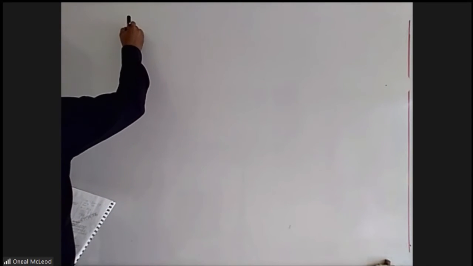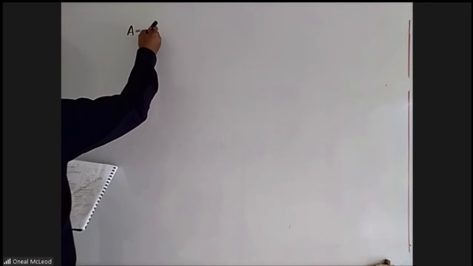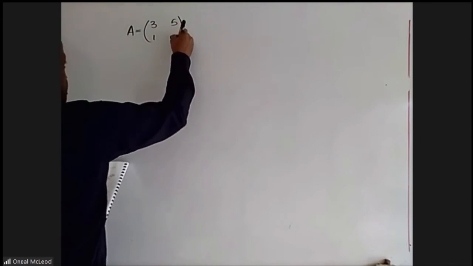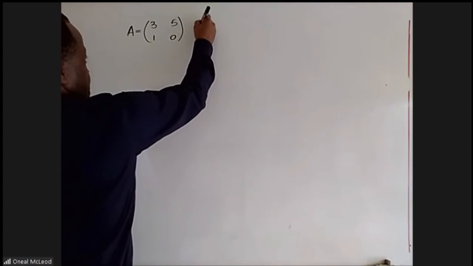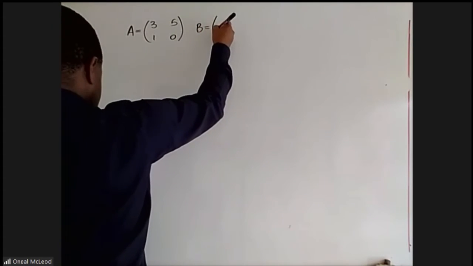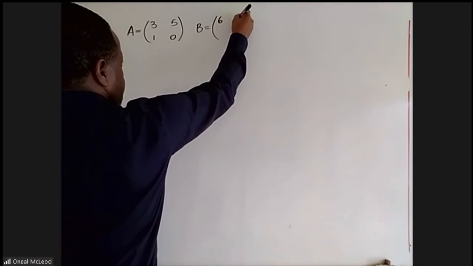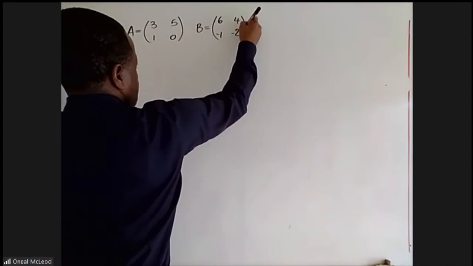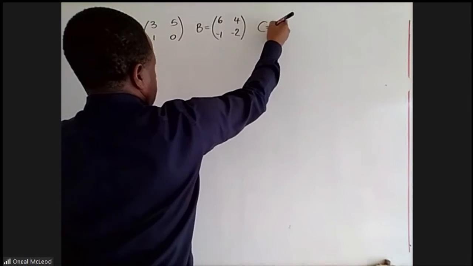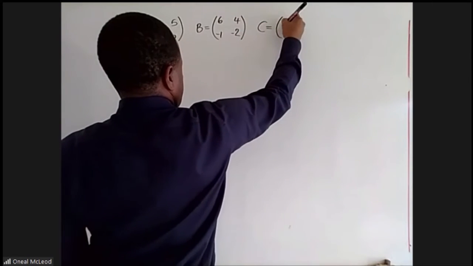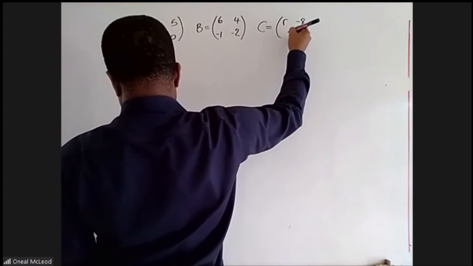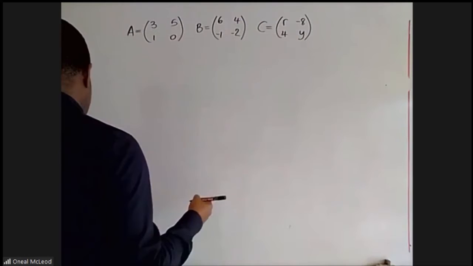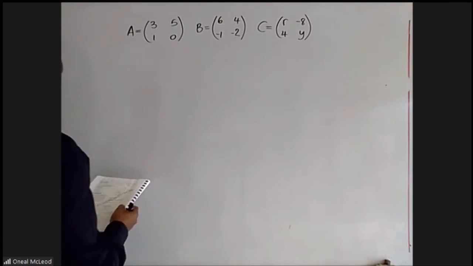We start out with the matrix A, and the matrix A is equal to 3, 5, 1, and 0. The matrix B is equal to 6, 4, -1, -2. And we also have a matrix C, which is equal to R, -8, 4, and Y. All right.